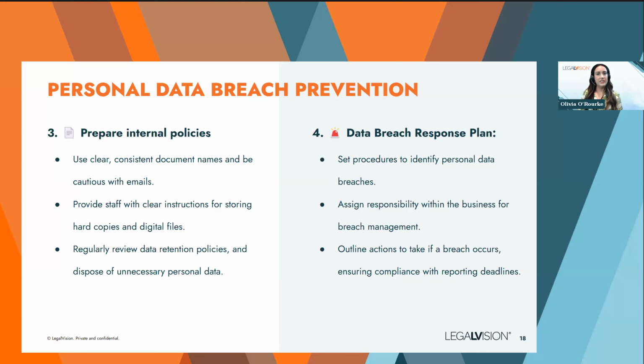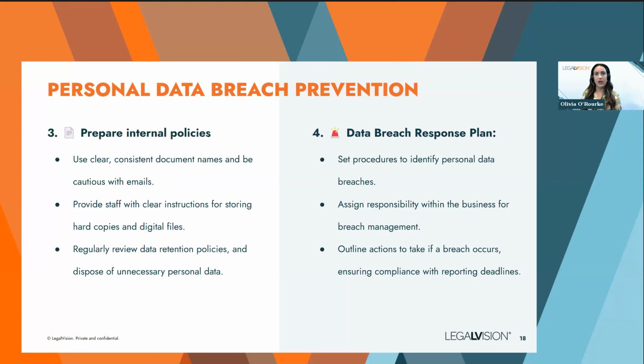So you're going to need to really train your staff to be aware of those kinds of incidents, so phishing incidents, or to make sure that there's, for example, really clear instructions on naming documents, particularly if you're dealing with patient reports, patient records.